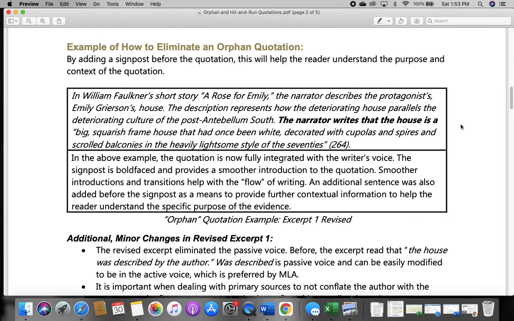I wouldn't say the narrator wrote that the house, because that makes no sense. The text is something that I'm reading. It's an active process of experience and being. So that's literary present. I'll get back to how we write in verb tenses in MLA in just a second.